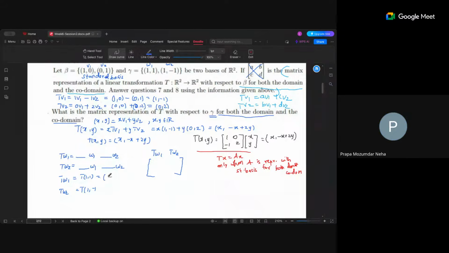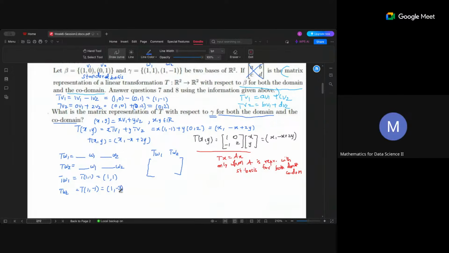And what is T of (1, -1)? It is (1, -3).